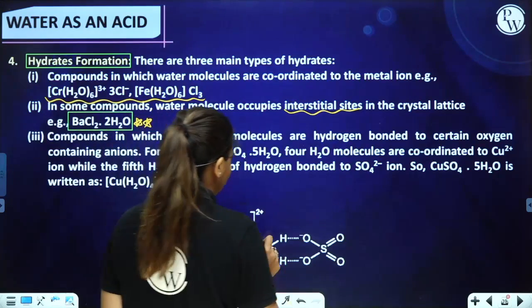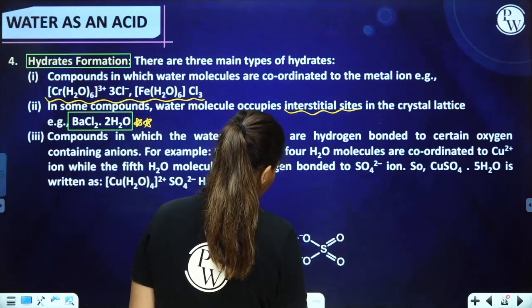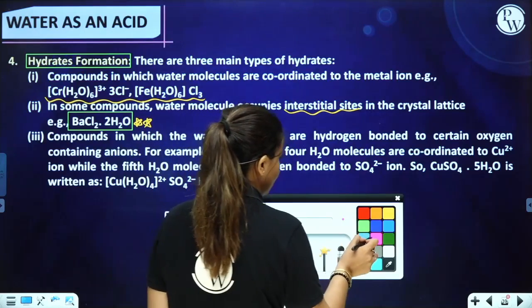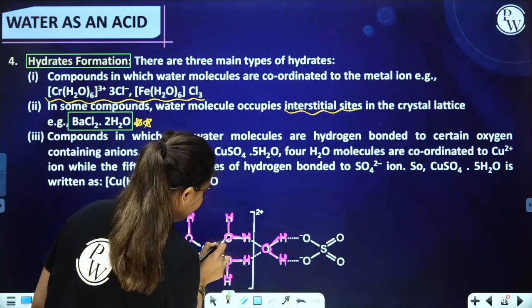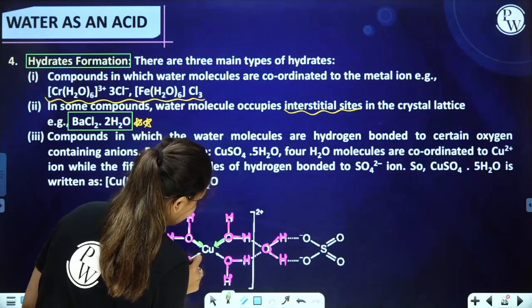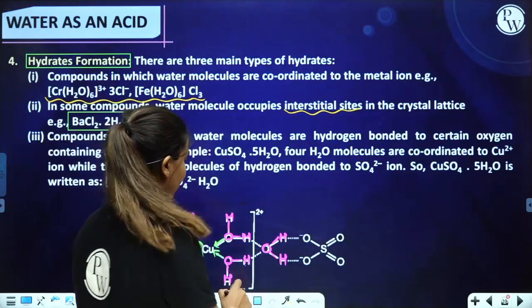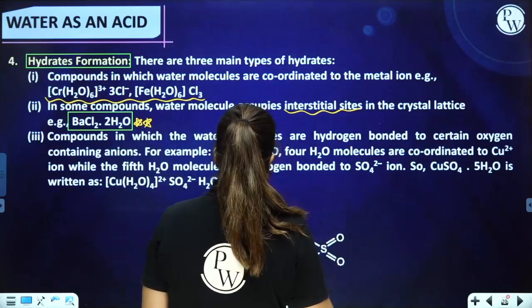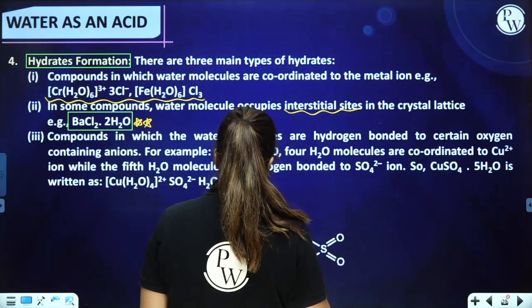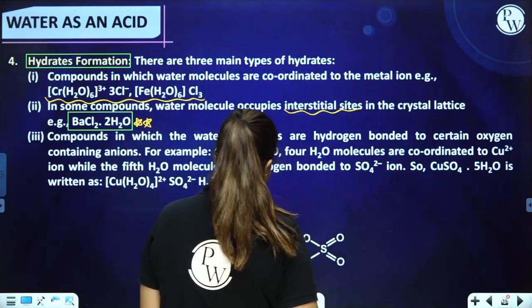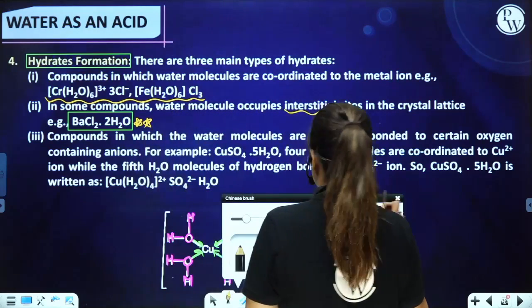So first of all, I am making you the possible hydrogen bonds. This is considered as a coordinate bond. So 4 water molecules are attached with the help of the coordinate bond, while rest of them are attached with the help of the hydrogen bond. So many questions are being asked on this respective molecule.